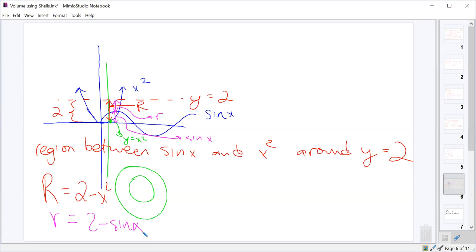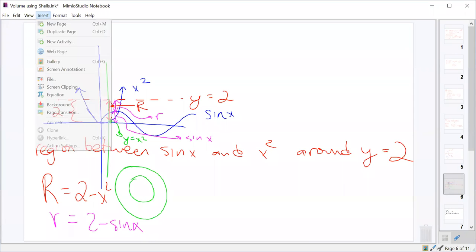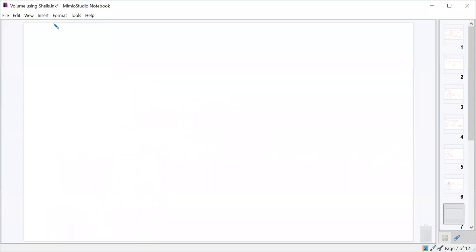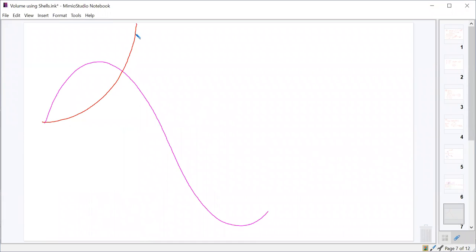I know the picture is awful, huh? Yeah, the picture is awful. Here's what we're going to do. Maybe this will help. There's y equals 2. There's my x-axis.